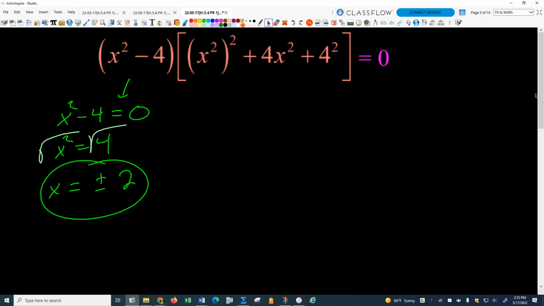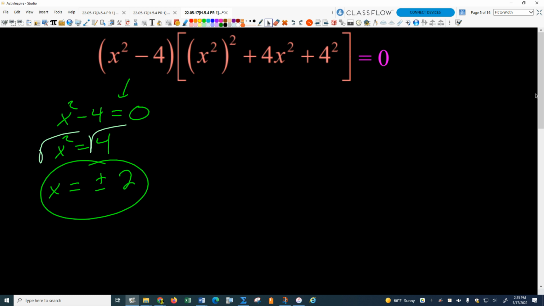Okay, here's where things start to get a little rougher, though. How about this one up here? How am I going to solve that? I've got x to the 4th plus 4x squared plus 16 equals 0. How in the world am I going to do that, right? That doesn't sound very fun. There is a way. I could use the quadratic equation, only this time this is quadratic in x squared instead of x, right? Everybody see that?